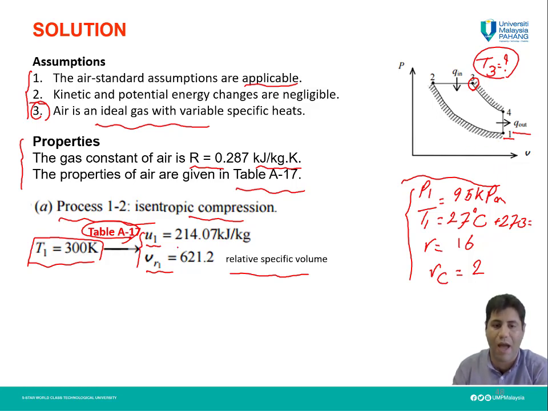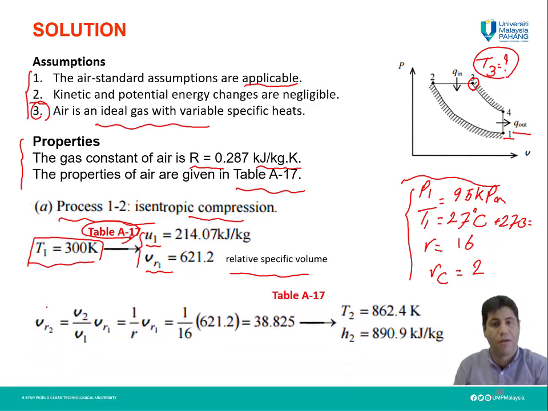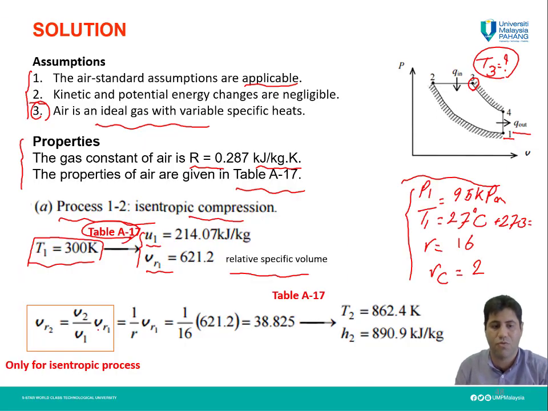Now we have these properties for state 1, and we know the process from state 1 to state 2 is isentropic compression. For isentropic compression, we also have this equation.